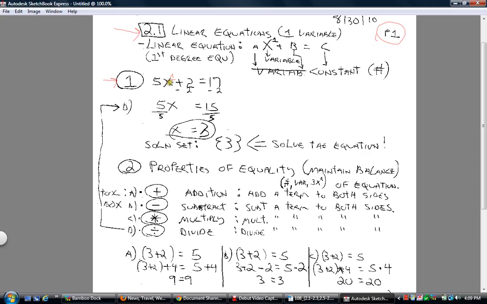So how do we solve or isolate that value of x to find out what would make it true? We are going to use our properties of equality from objective number 2, and you know that you can add, subtract, multiply, or divide on both sides of the equation by the same amount, and we're going to show lots of examples of this.